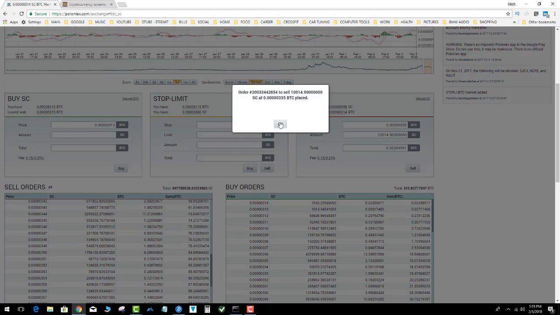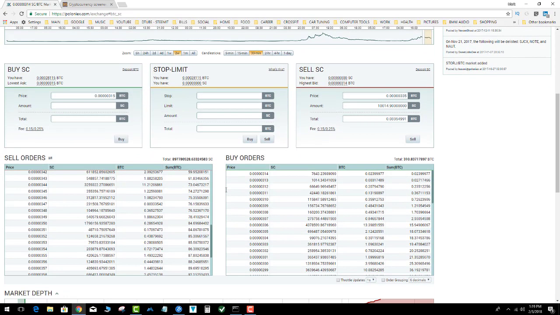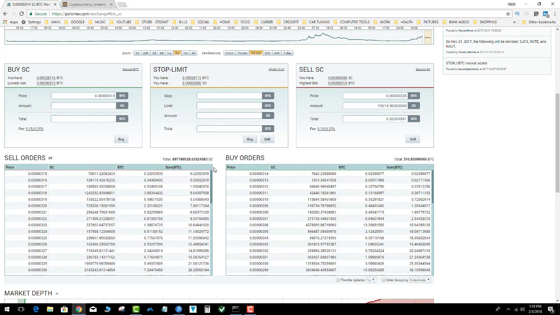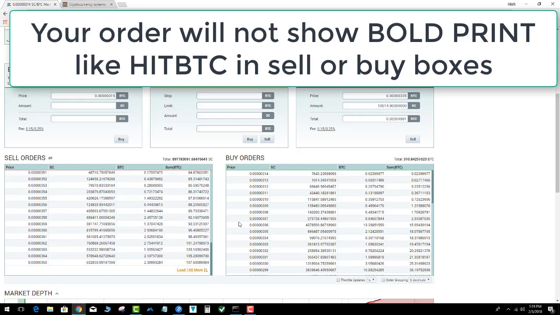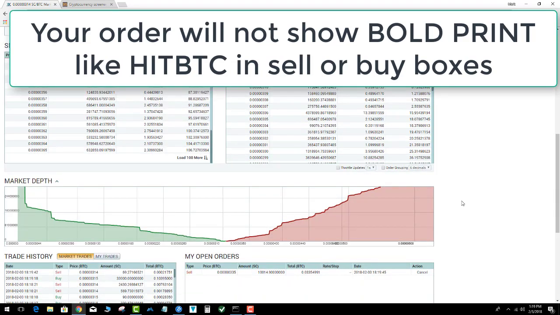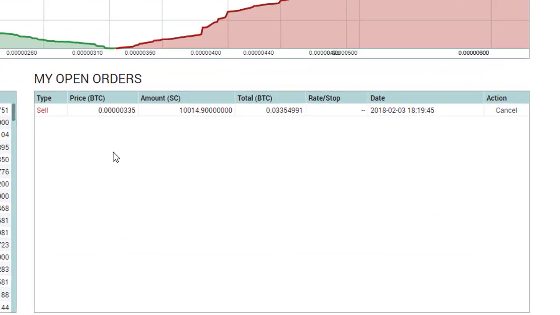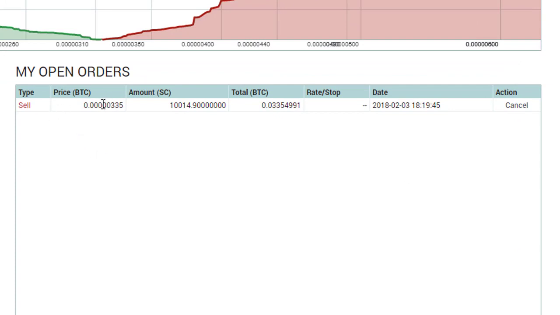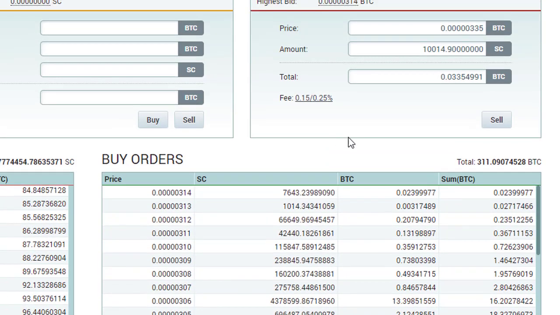I put it in at a high price so I know it won't fill. Now, let's look down here. Now what has magically happened is it pops up in the open orders box. Sell at this price, at this time, total amount, right?